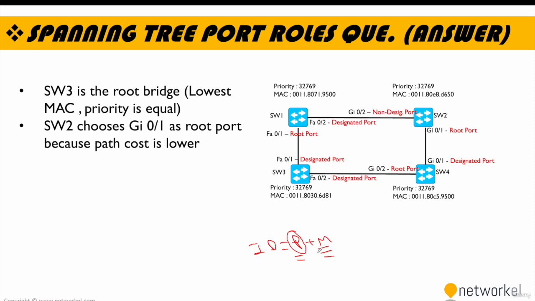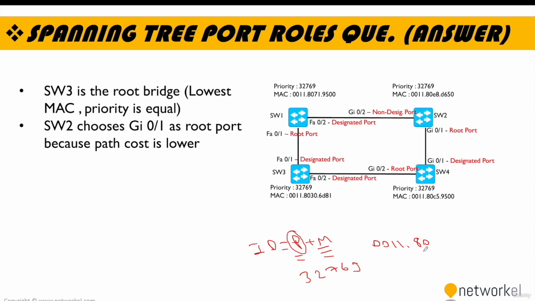Just have a look at the screen. You will see all of the switches have the same priority value. Okay. Then what you need to do is check the MAC addresses. If you check the MAC addresses, you will be able to see every MAC address of the switch starts with 0011 and 80.